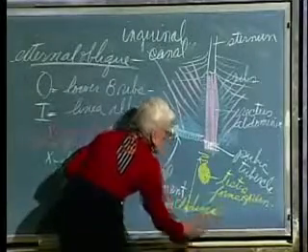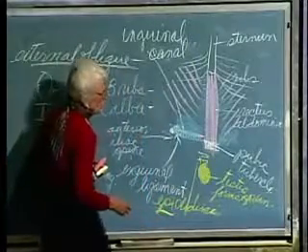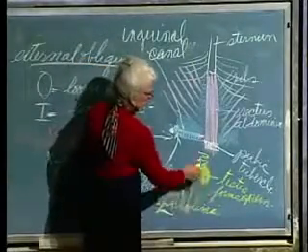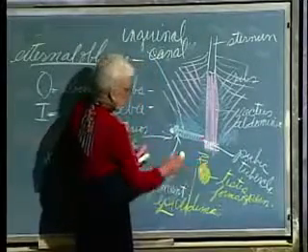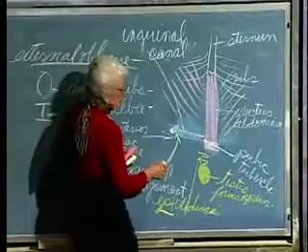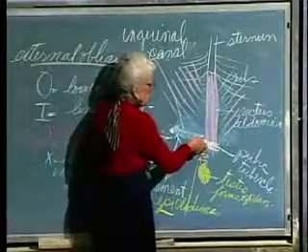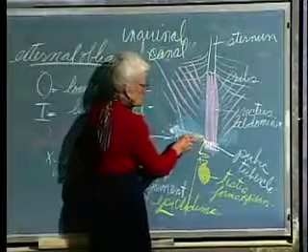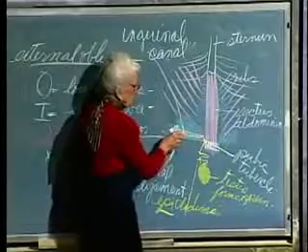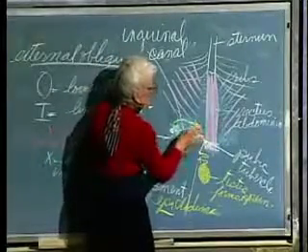What's epi? Upon. Didymis is testis. So it's a tube that's carrying sperm. It's doing much more than that. But right now, all I want to do is develop it. And then it becomes the ductus deferens, which comes in the superficial ring, travels through the inguinal canal, out the deep ring, and into the pelvic viscera.